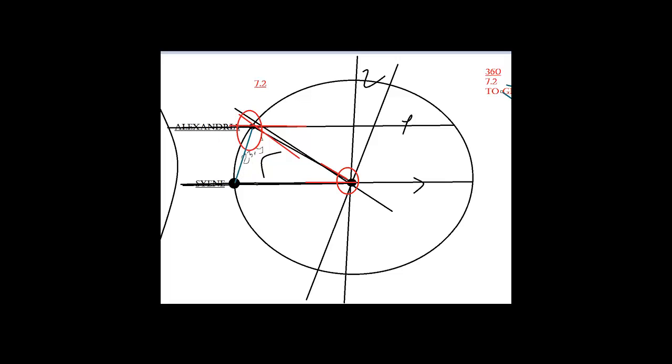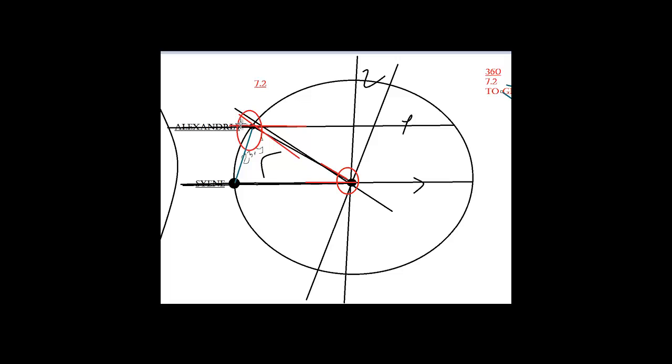But what he did then is he waited for that one day in the middle of the summer, longest day, for the sun rays to fill that well in Syene, and the sun ray went like that up there, and when it hit Alexandria, it went like that. But the pole that he stuck in Alexandria straight up is actually kind of tilted when you look at it like this, but it would be tilted straight to the center of the Earth. So that pole that he planted in Alexandria would be the transversal of the two rays of sun.